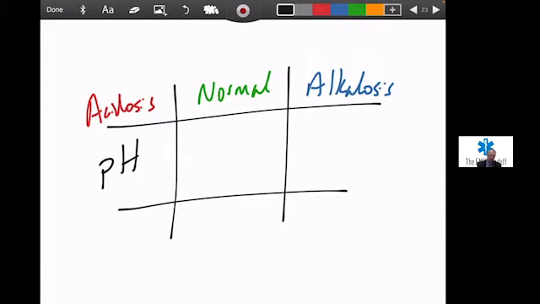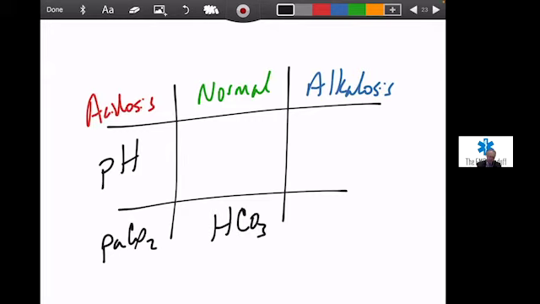And we look at their partial pressure for CO2. Wow, it's 54. Because it's higher than 45, we know that that is acidosis. And then we're going to look at their bicarb, and we see their bicarb is at 24.